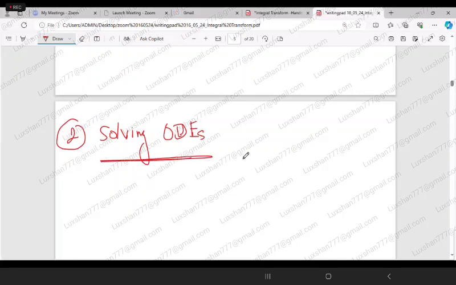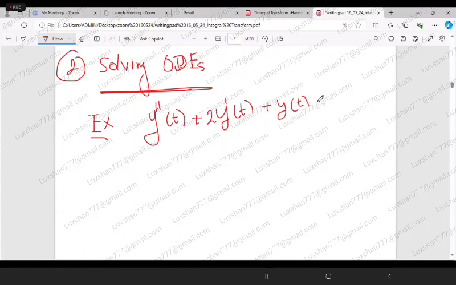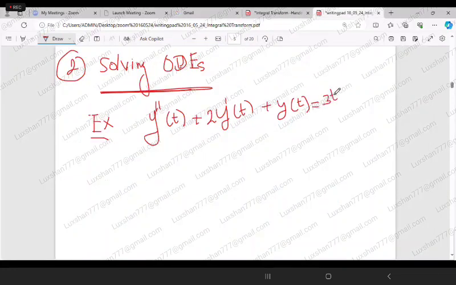With this example, we can understand the procedure of how we can use Laplace transform to solve it. I think they have written capital letters, I'm using simple letters. And sometimes t will not be mentioned.